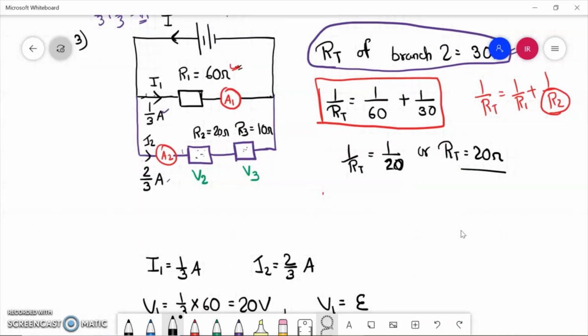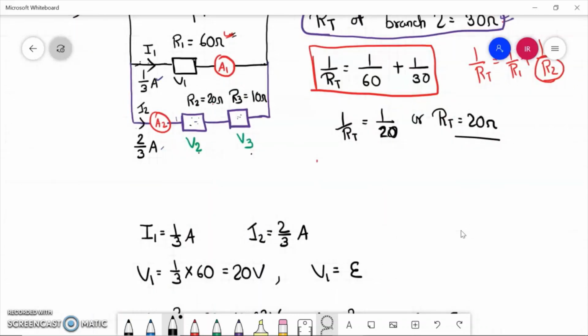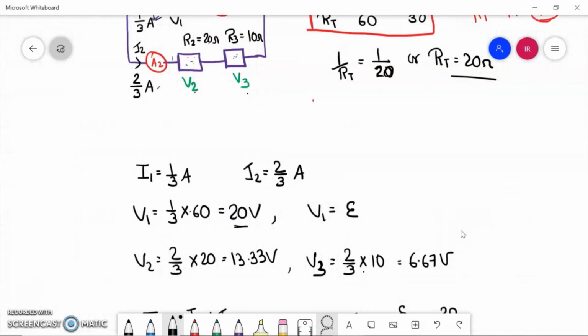Now we go here to find the values of V1, V2 and V3. Let's first find V1. We know the current flowing through this resistor is 1/3 ampere, and you multiply it with 60, it gives you 20 volts. Next we find V2 and V3.